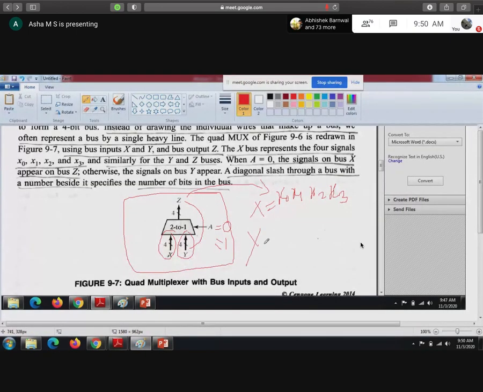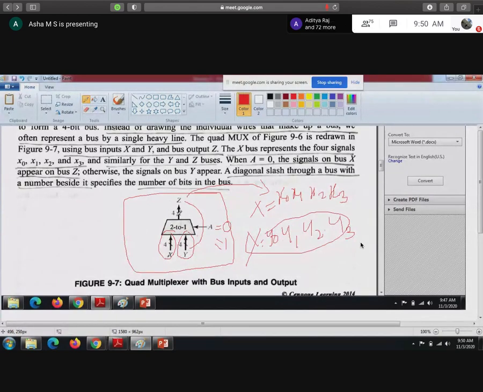So what is there under y? Under y I have y0, y1, y2, y3. When a equal to 0, x is selected and reflected at the output side.